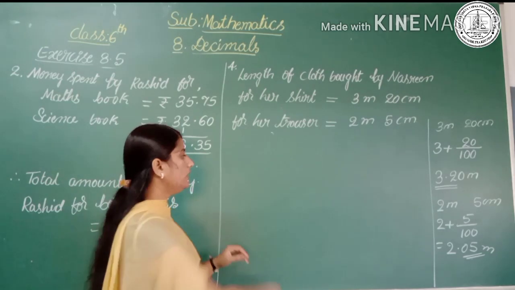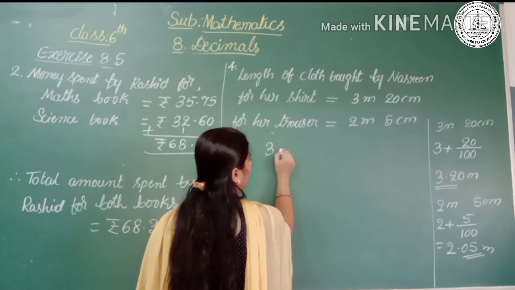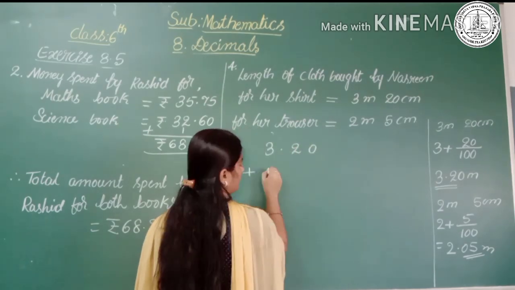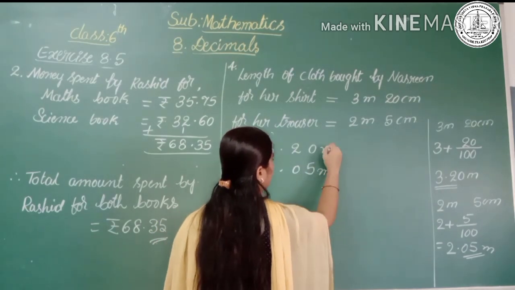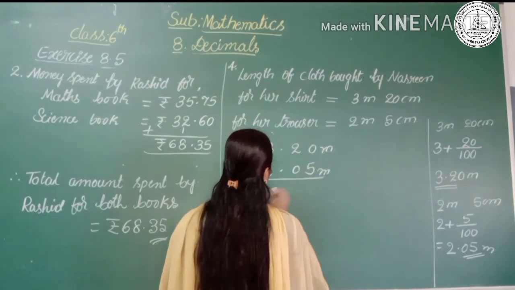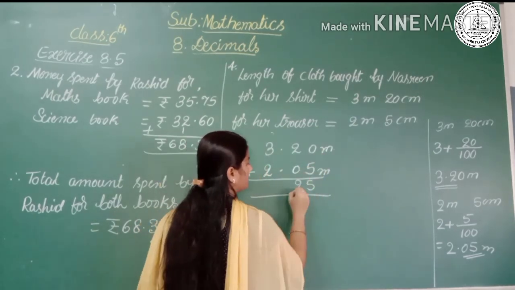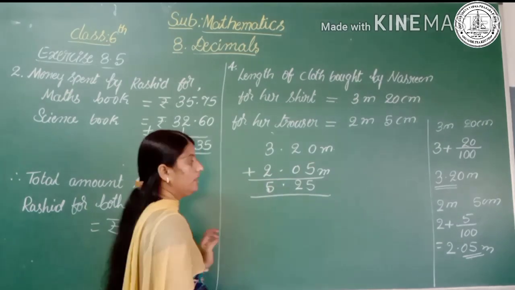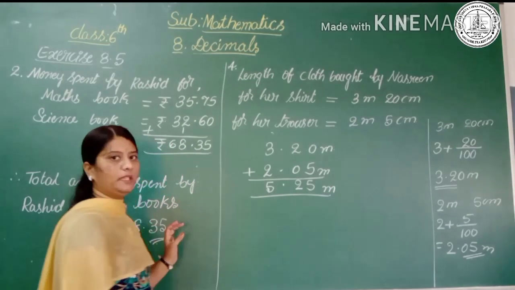Now write down here 3.20 plus 2.05 meters. Now add here 0 plus 5 is 5, 2 plus 0 is 2, then 3 plus 2 is 5. Okay. Yes. Total she bought 5.25 meter.